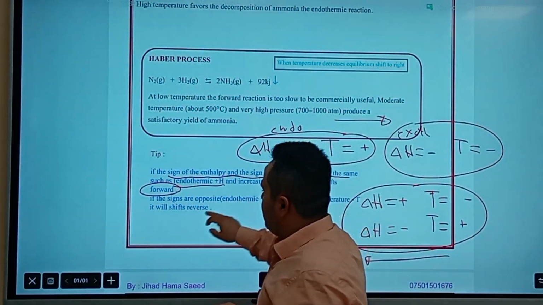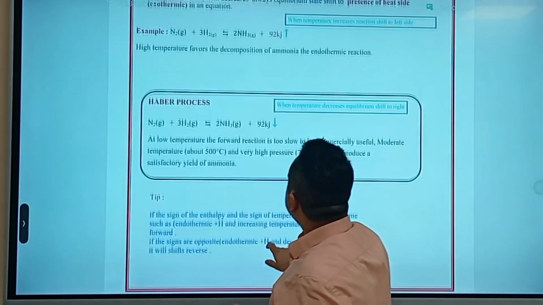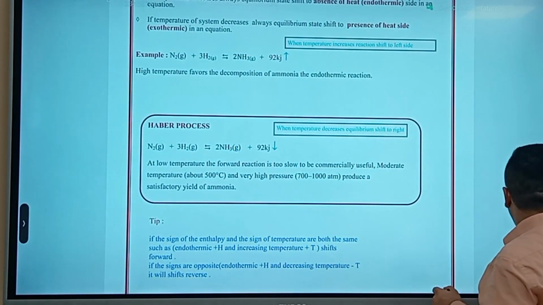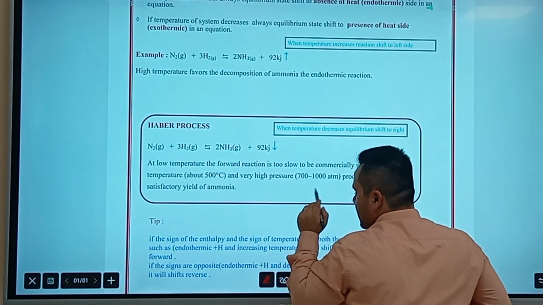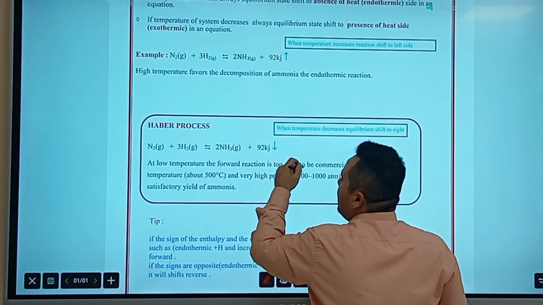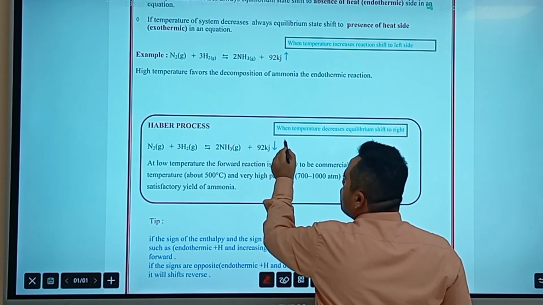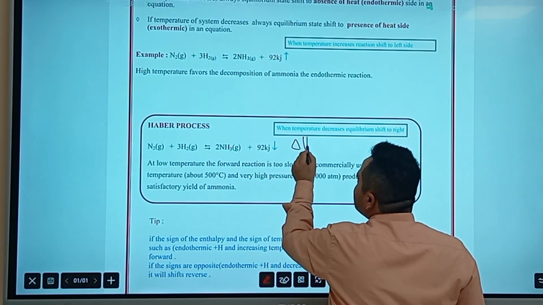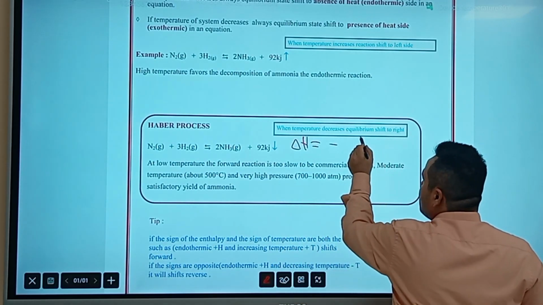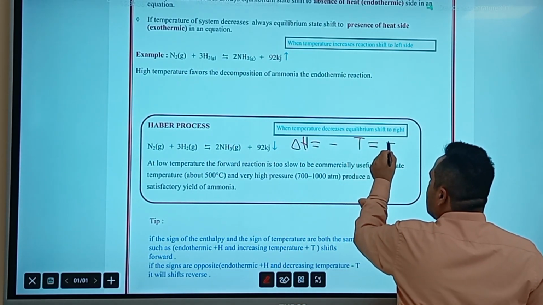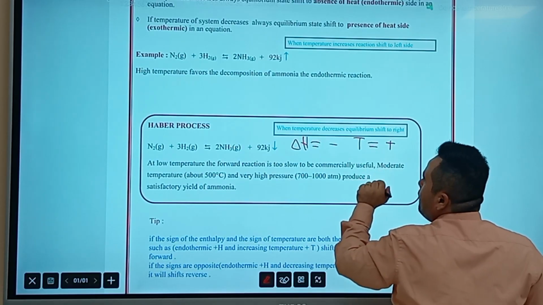Have a look at the Haber process. When we have the Haber process, we mean the formation of ammonia. Let us do it by the technique we described. It's exothermic, so delta H is negative. Increase in temperature, T is positive, favors what?